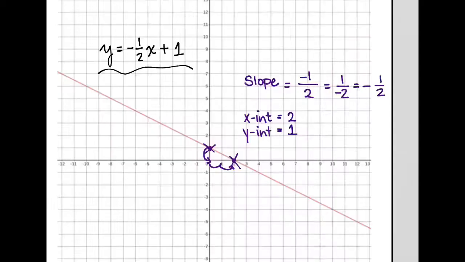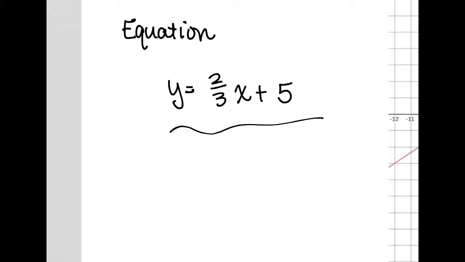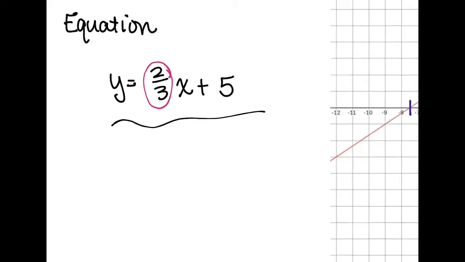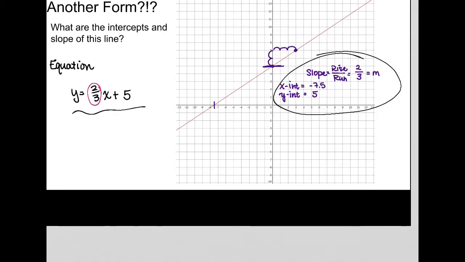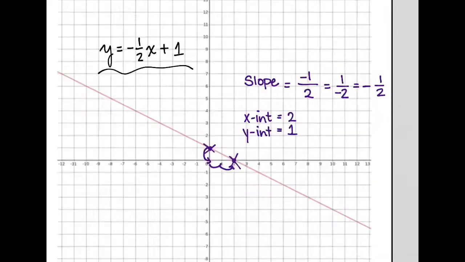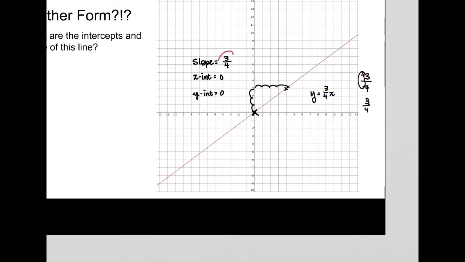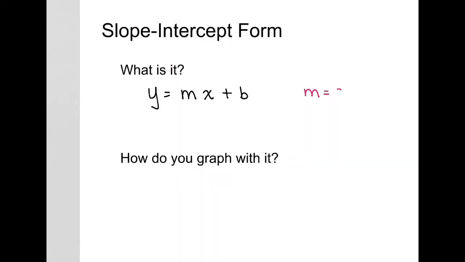I want you guys to think about what m is, which is that number in front of the x. We call that a coefficient. So the coefficient of x is the slope.